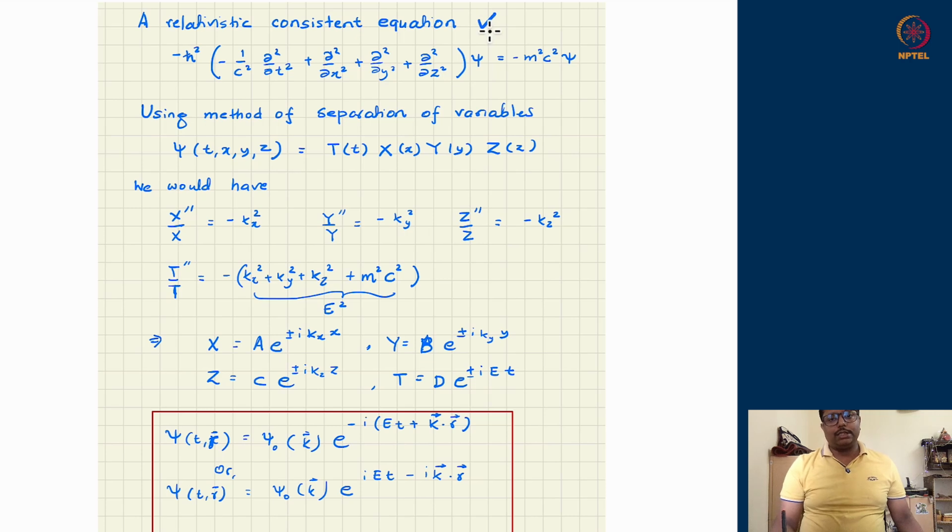The relativistically consistent Klein-Gordon equation, when written in partial derivative form in Cartesian coordinates, can be written as minus 1 upon c square double derivative with respect to time plus double derivative with respect to x, y, and z, hitting the wave function psi, with a minus h bar square multiplied from the left hand side, should be equal to some invariant quantity times the wave function.